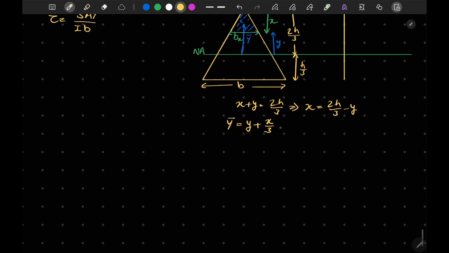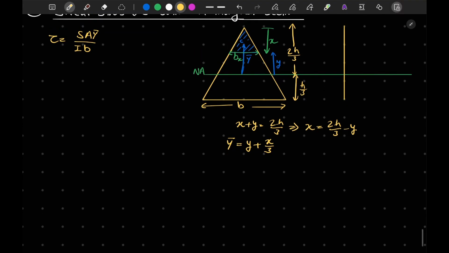If we substitute these values here, we will obtain y plus x by 3, so this will be 1 by 3 times x. Or before substituting, we can proceed in terms of x only, and after the solution we can substitute the value of x here.